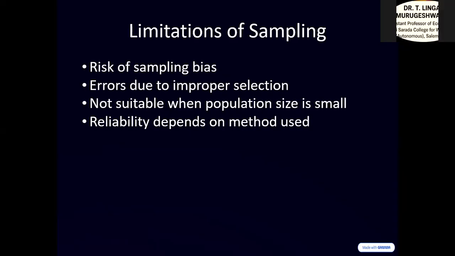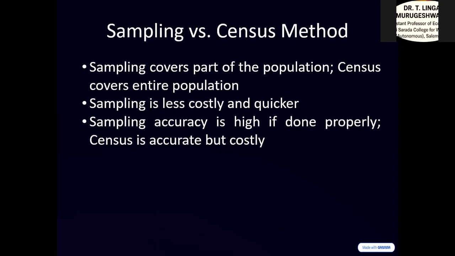Sample versus census method. Let's now compare sampling with the census method. A census involves collecting data from every member of the population. It provides the highest level of accuracy, but it is extremely resource intensive. Sampling, by contrast, is much faster and more economical.